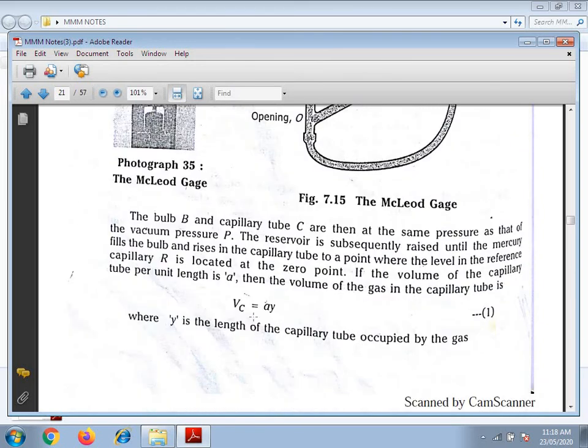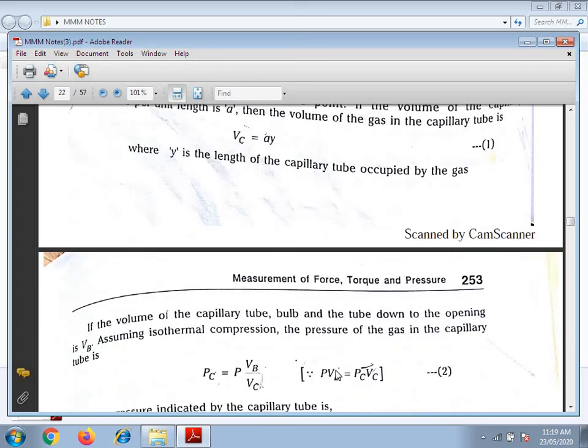Just you see. Y is the length of capillary tube occupied by the gas. A we have taken as the capillary tube volume per unit length. Y is the length of capillary tube.